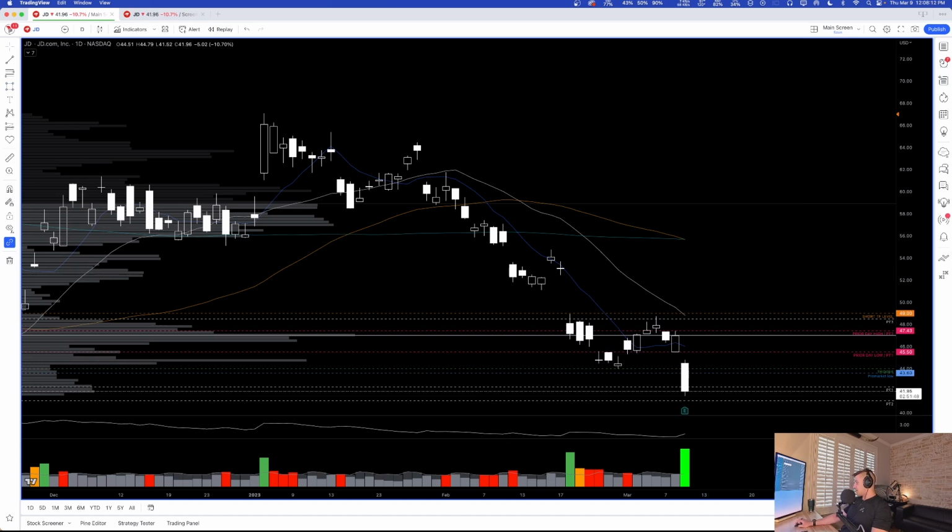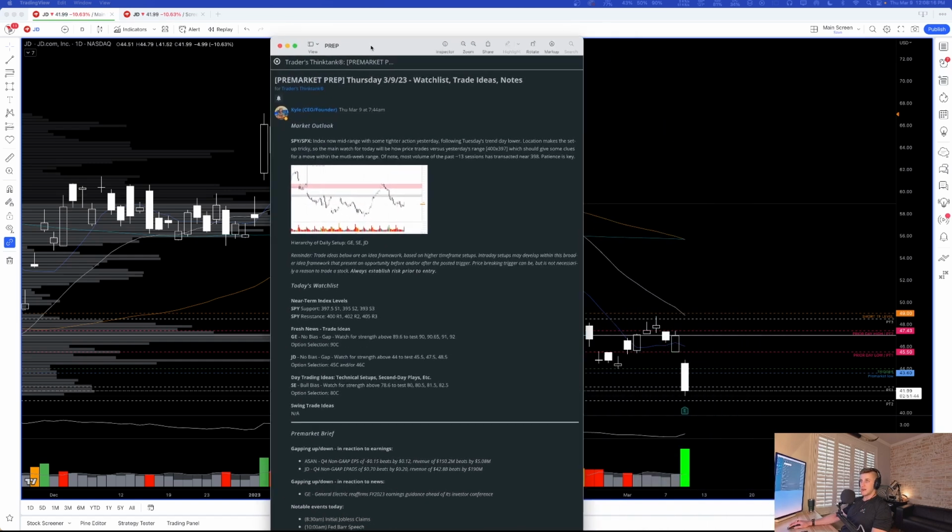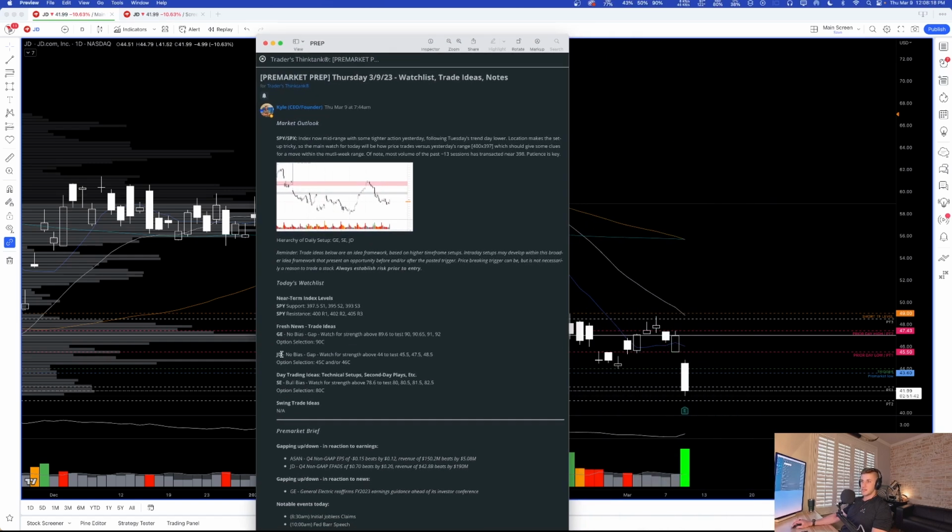And so if we look at the notes, initially what was posted was JD, no bias. Again, when I post a no bias idea, it means I rarely do this, but it does mean that I'm looking at a pivot level within the stock, and I'm going to be long or short based on the reaction at that pivot level.